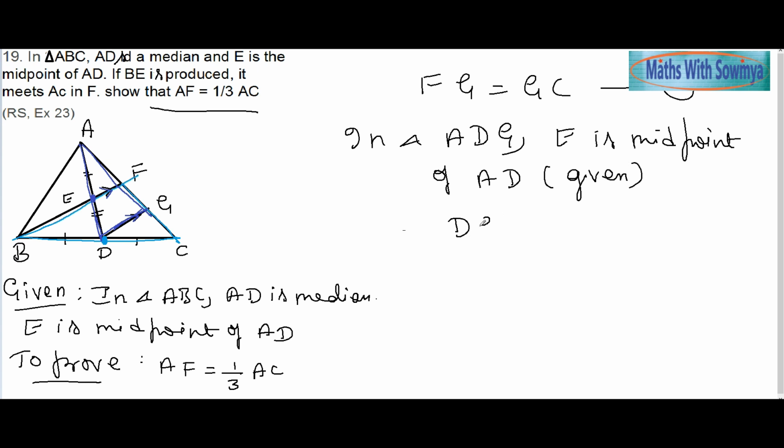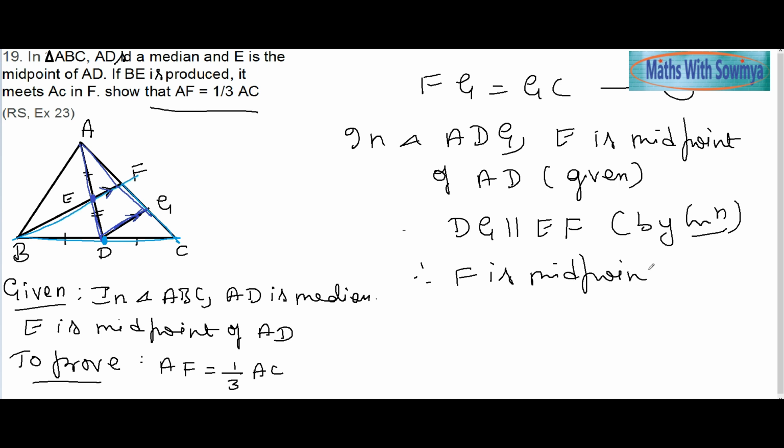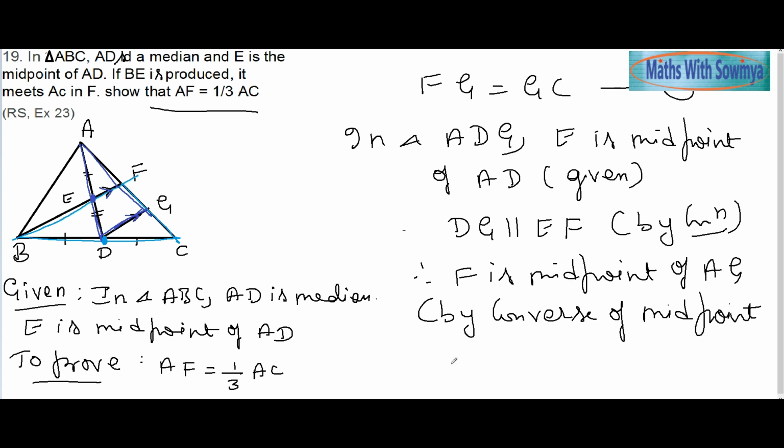And DG is parallel to EF, again by construction. Therefore, F is midpoint of AG by converse of midpoint theorem.